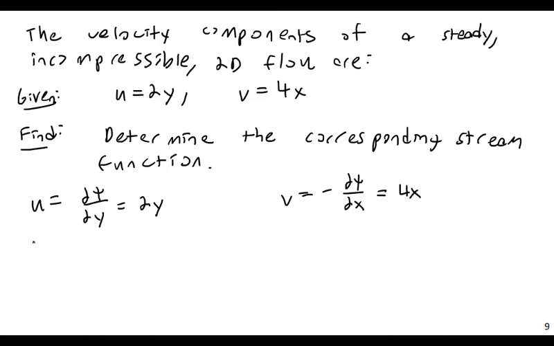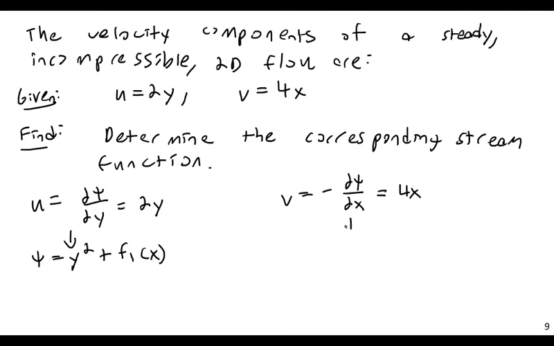From this, if I bring the partial of y over here and integrate both sides, I get that psi must be equal to y squared, just integrating with respect to y, plus some function of x.